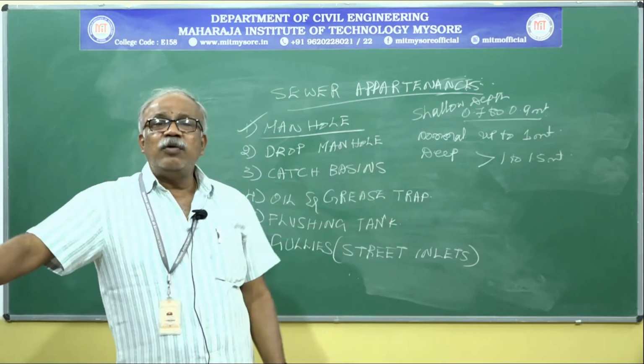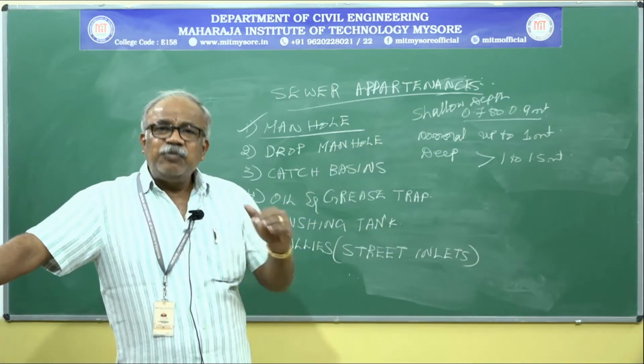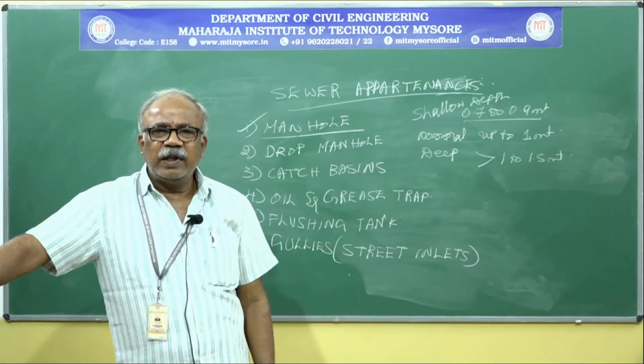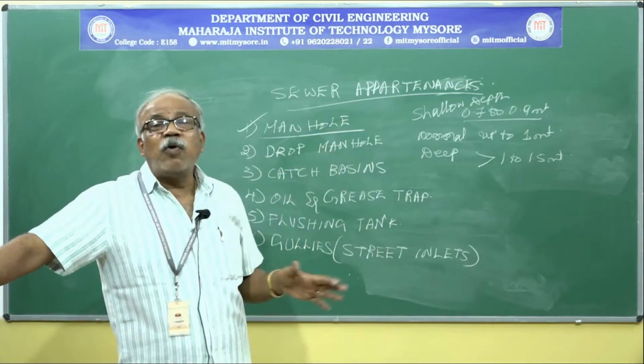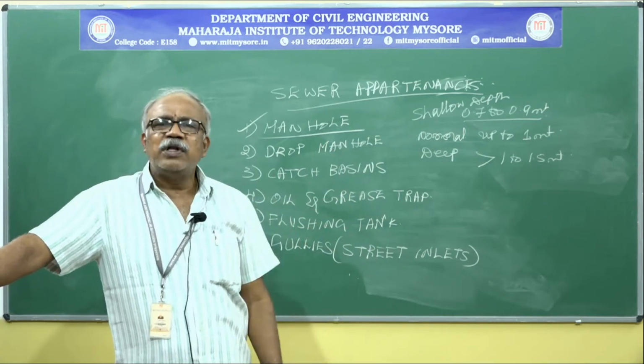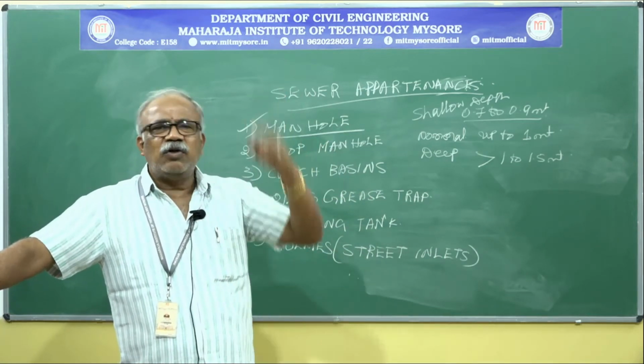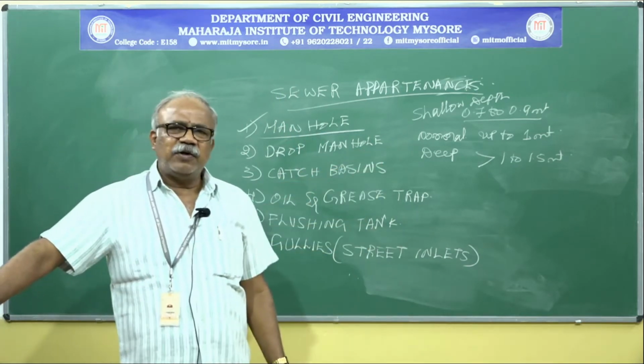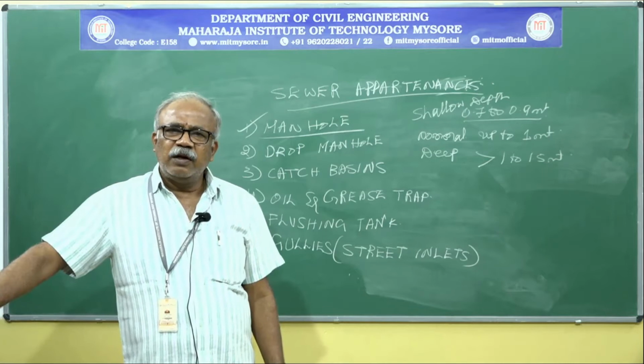The depth of a deep manhole will depend upon the terrain of the area. Otherwise, we have to provide the gradient to flow the wastewater directly to the treatment unit, so we provide this much depth.